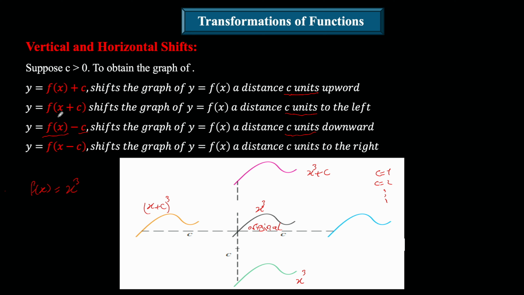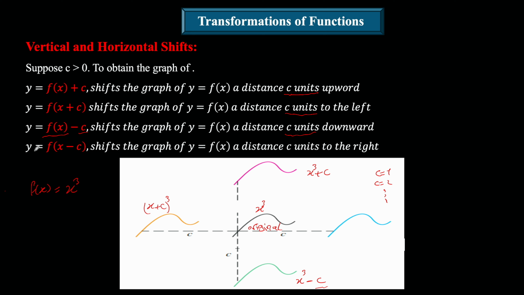We do operations separately with them. This has one operation. This is only a number. It is not included into f of x, or into the function. So x to the power 3 minus c shifts my graph, my curve, downward c units, okay? And as we said, c can be any number, 1, 2, 3, 4, okay?